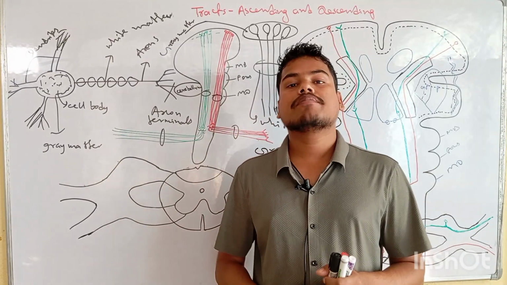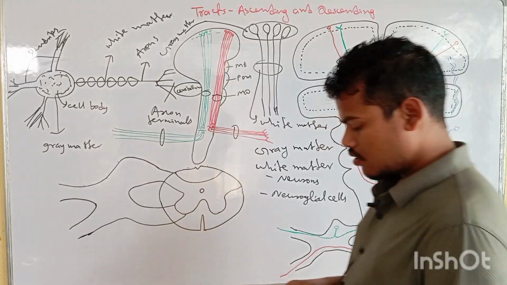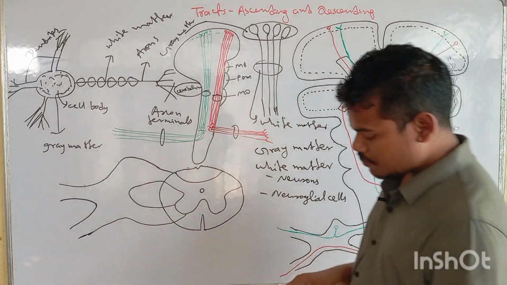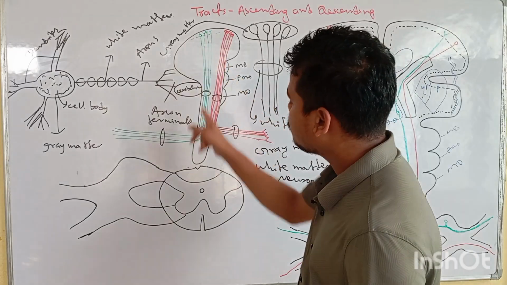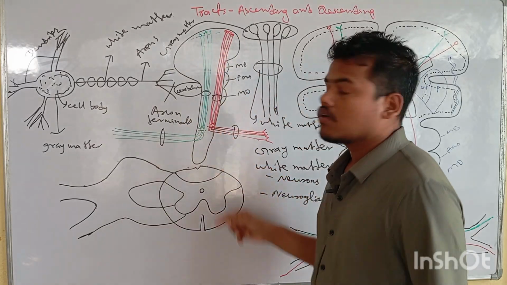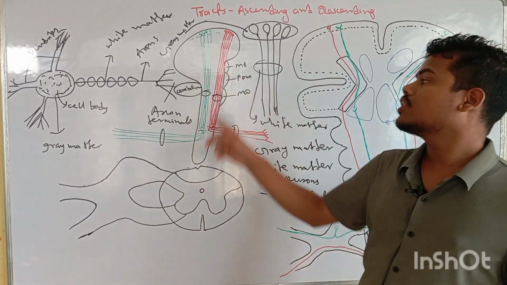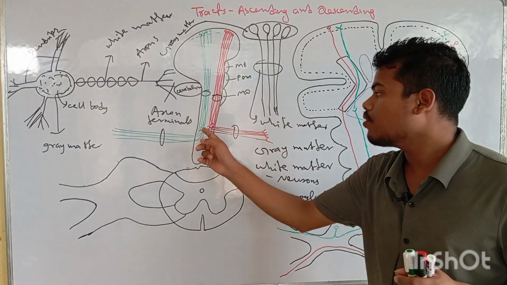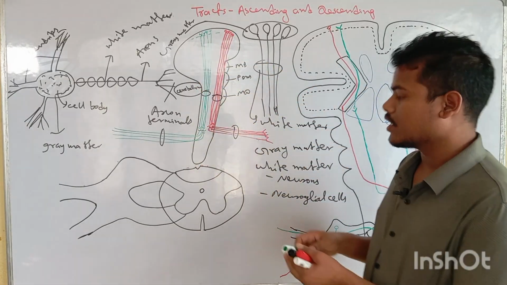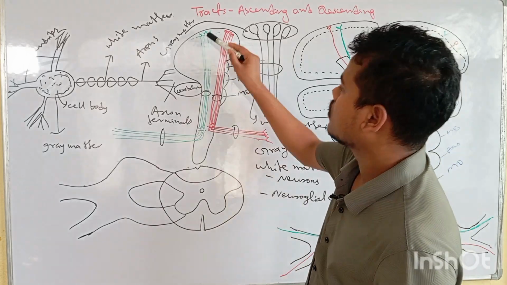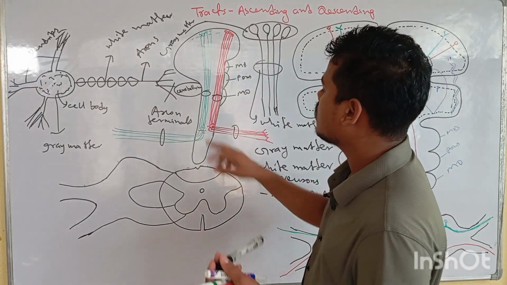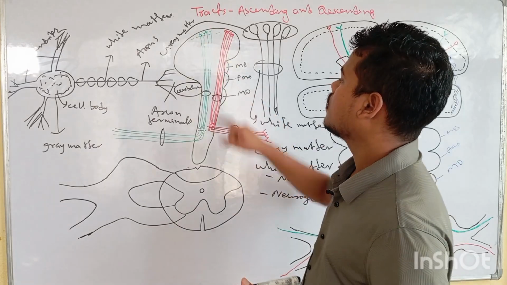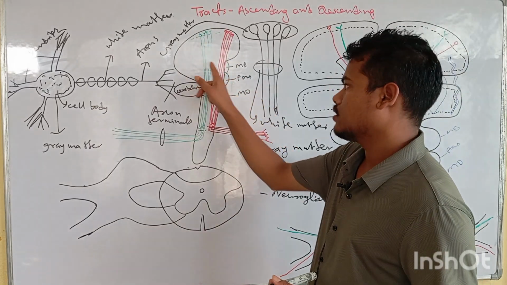One is the projection fiber, which I have drawn here as a photo. This projection fiber connects the central nervous system to and fro in the cranio-caudal direction.